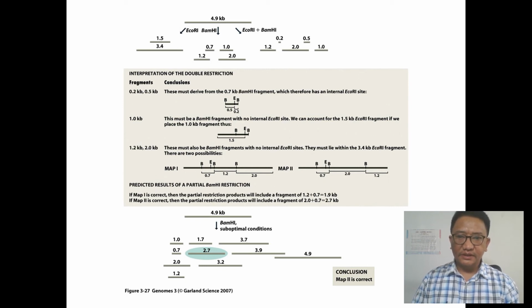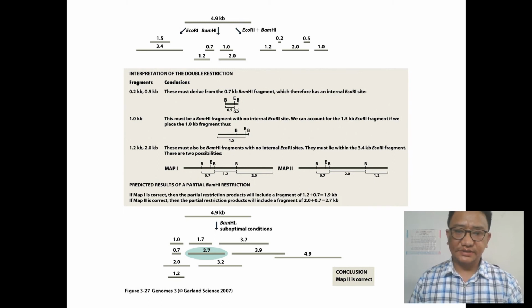This is done. Second, the 1 kb fragment, which is a product of double digestion of EcoR1 and BamH1, must have derived from the BamH1 fragment. There was a 1 kb fragment in the BamH1 digestion. So this 1 kb in the double digestion is also from BamH1 with no internal EcoR1 cut site.